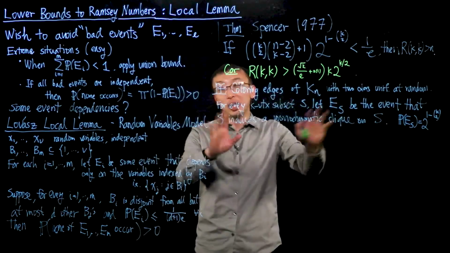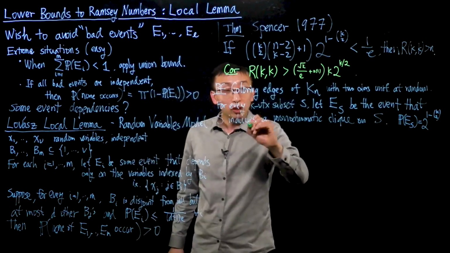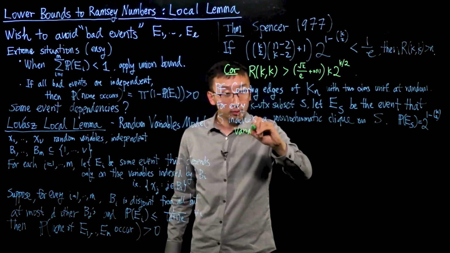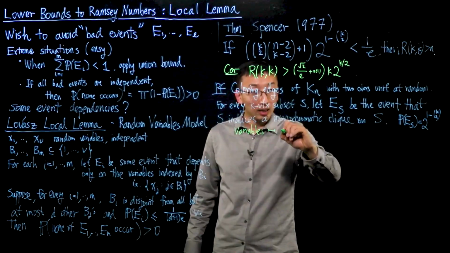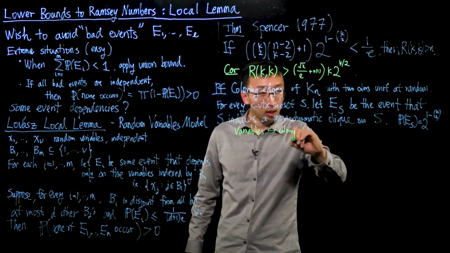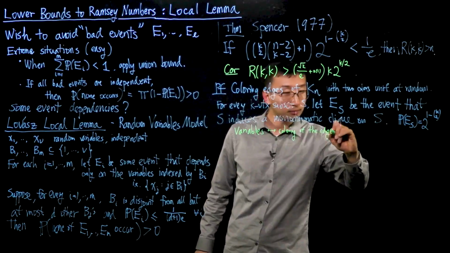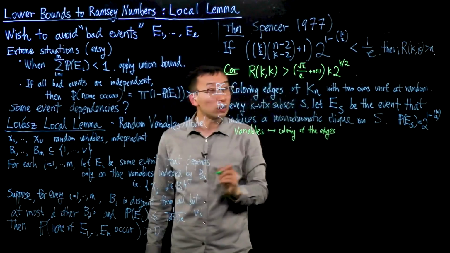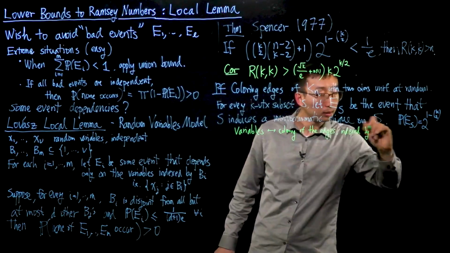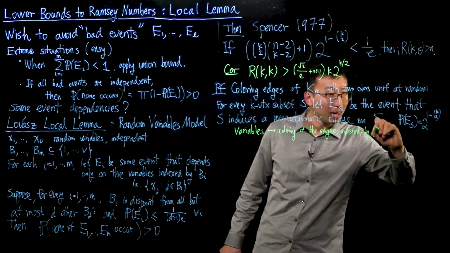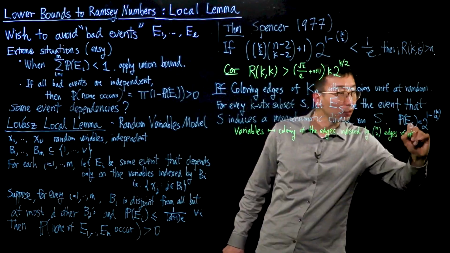Let us see how this setup corresponds to the random variable setup earlier. The variables correspond to the coloring of the edges. Right. So in other words, these are indexed by the n choose 2 edges of the complete graph K_n.